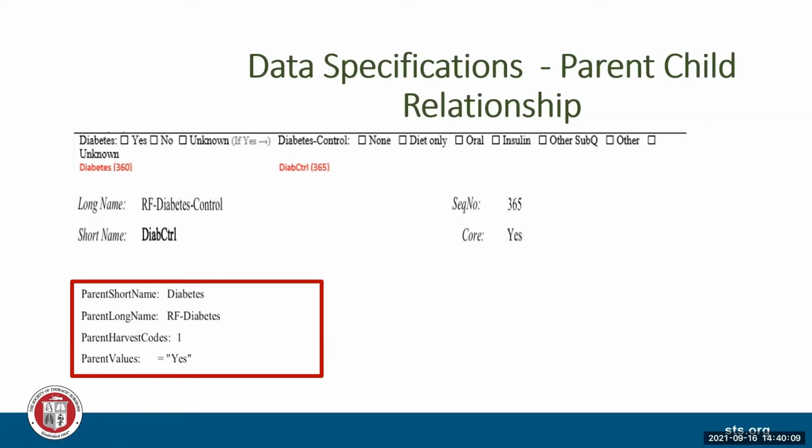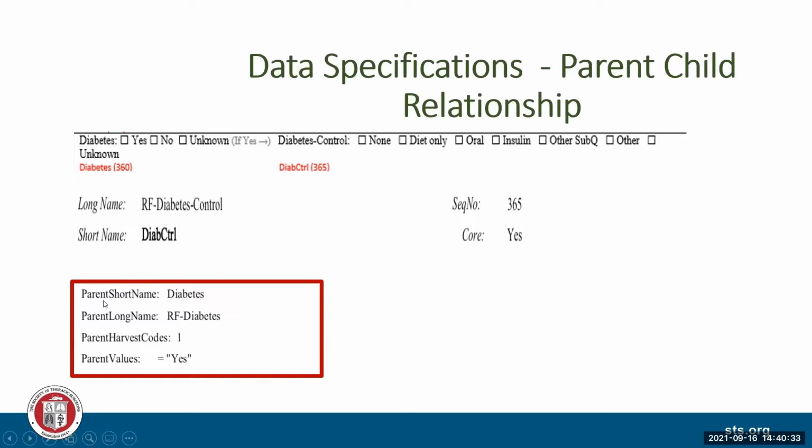As you can see, this is talking about diabetes, yes or no. And then you have the control. So for this, the long name is diabetes control. The short name here is your short name, here's your sequence number.